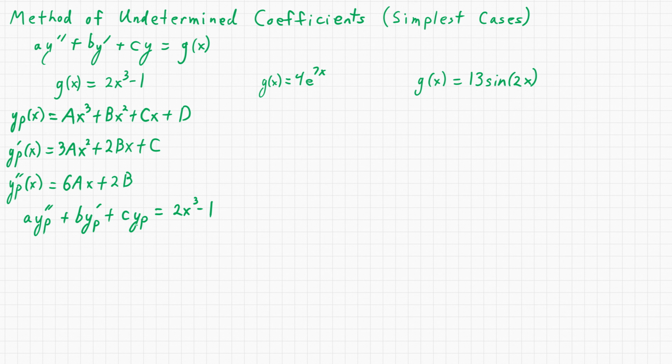So what will end up happening is all of these capital A, capital B, capital C, capital D will get jumbled up between all of these. But if we simplify it and add everything together, it's still going to be a third degree polynomial. And so there's a chance that we can pick these capital A, capital B, capital C, capital D so that this third degree polynomial, which might be a bit of a mess, on the left-hand side equals the right-hand side, 2x cubed minus 1.